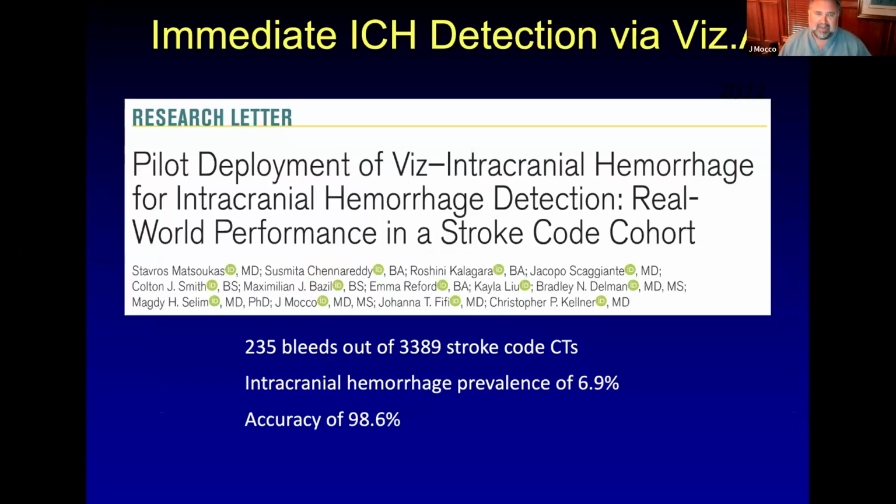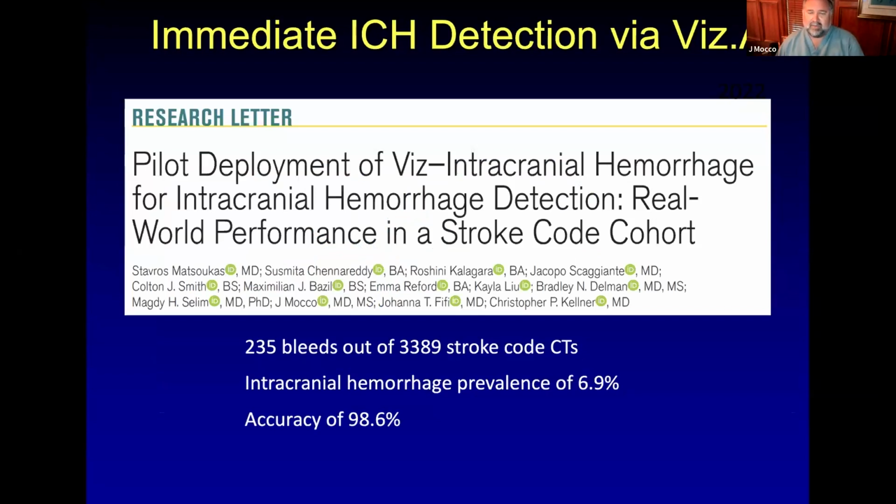It's very seamless. We have experience with Viz ICH and the prelim to the ICH Plus, which was a pre-approval research version, where we evaluated over 3,000 stroke codes to detect 235 bleeds with a prevalence rate.